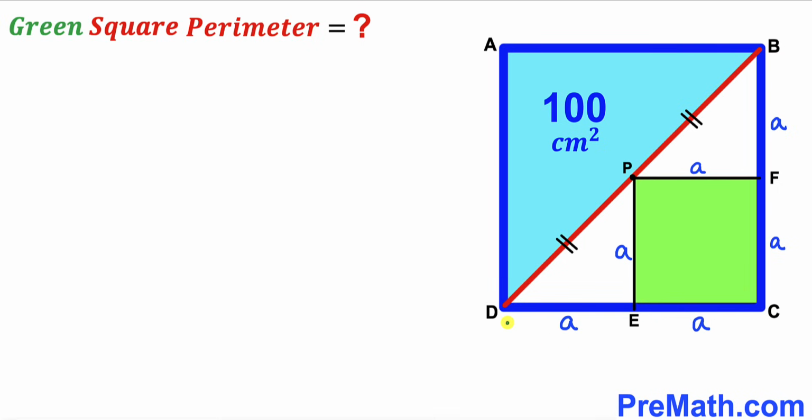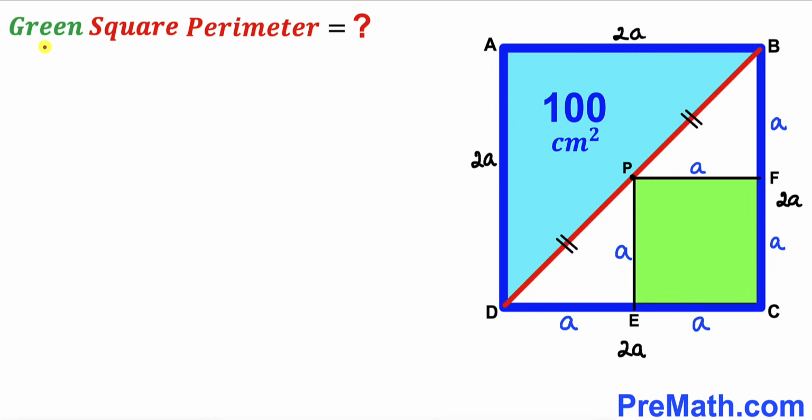So therefore, the whole side length of this blue square ABCD is going to be a plus a, which gives us 2 times a. If this side is 2 times a, then this side is going to be 2 times a, 2 times a, and 2 times a across the board.